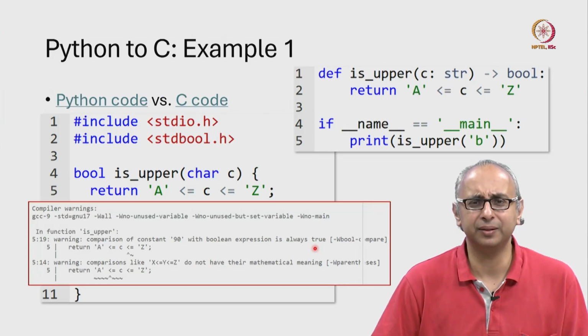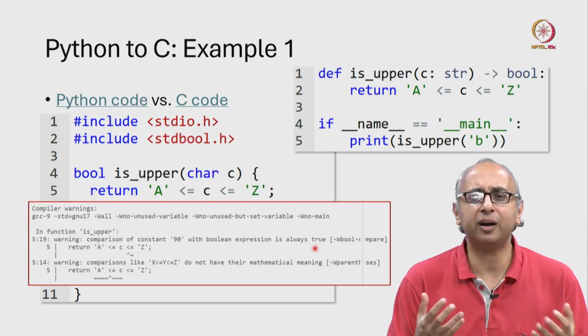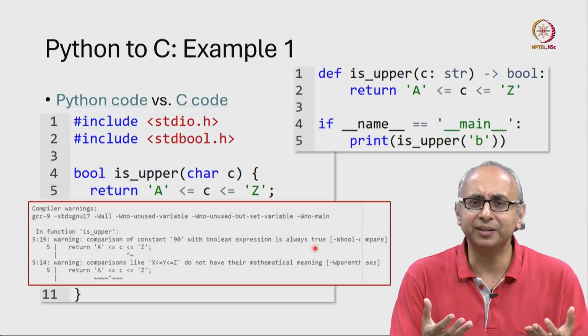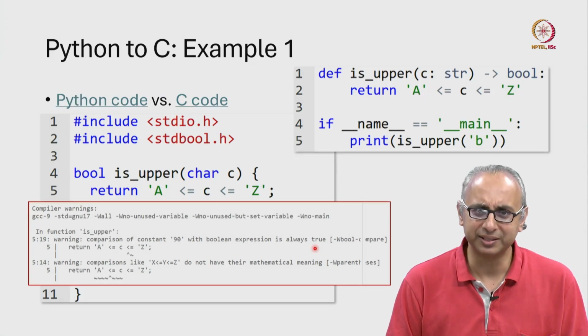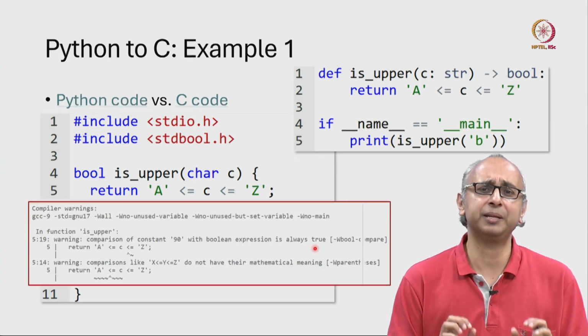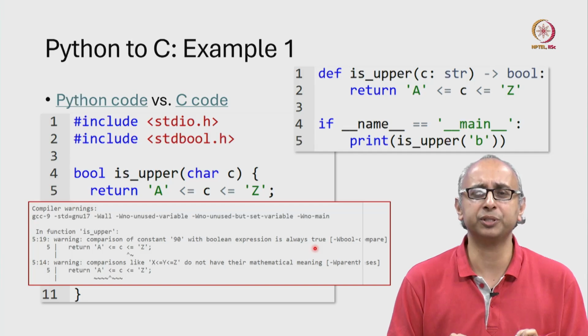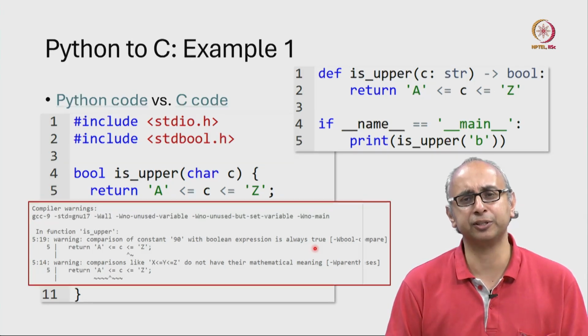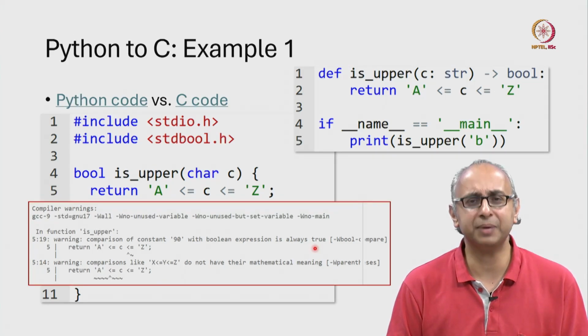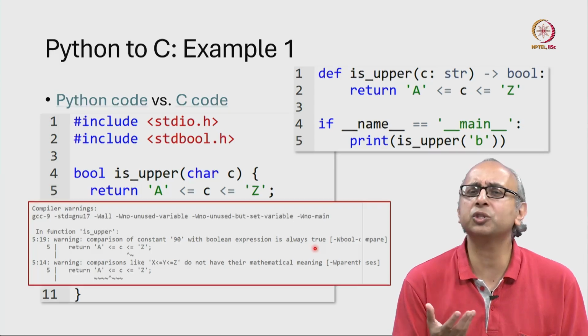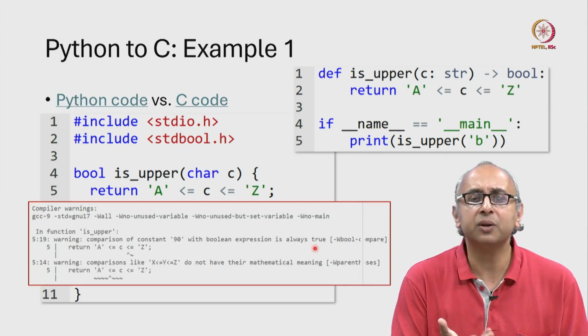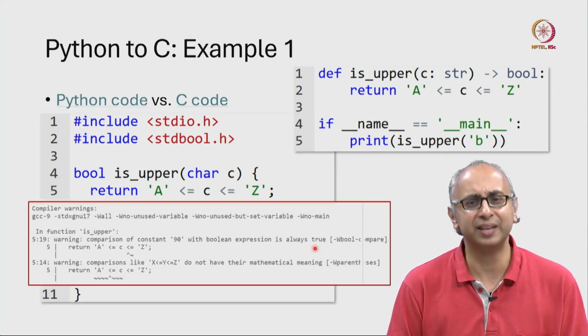What does this mean? This is very, very hard for us as a beginner C programmer to understand. And unfortunately, the C compiler often produces these very difficult to understand messages. Firstly, what is this constant 90? We don't obviously see a constant 90.